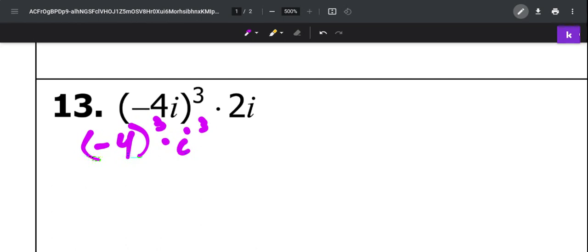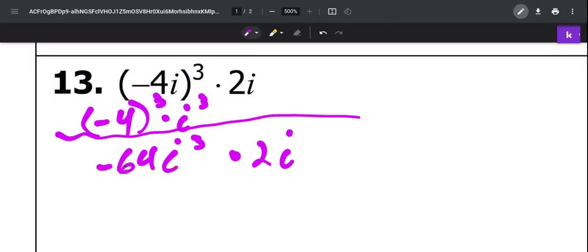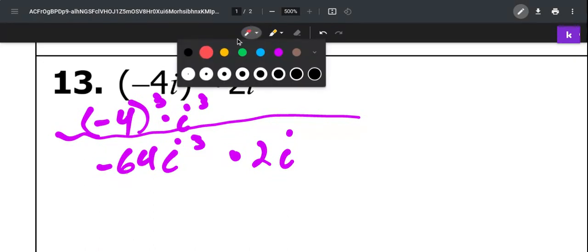All right? So then -4 to the third power would be -64. And it would stay negative because 3 is an odd number. All right, times i to the third times 2i, which now we really don't need this times portion here. We can just say -64i to the third times 2i. Now's where we have to remember our rules for exponents.